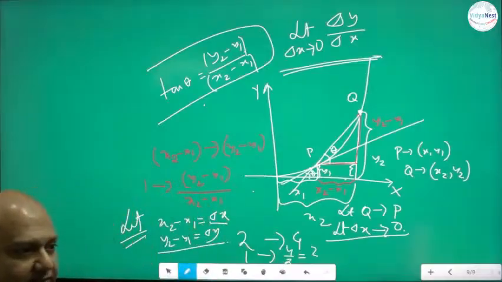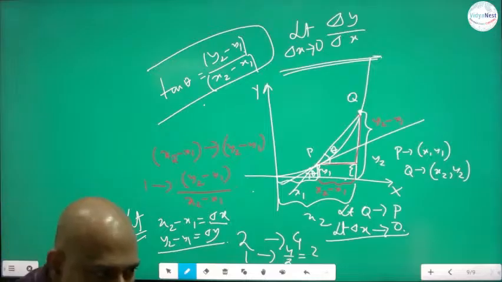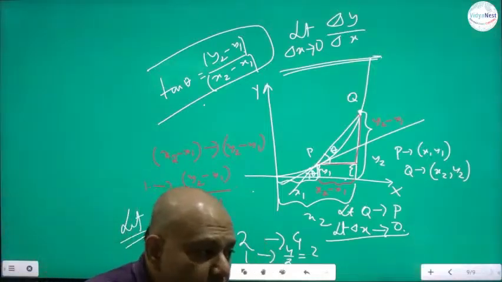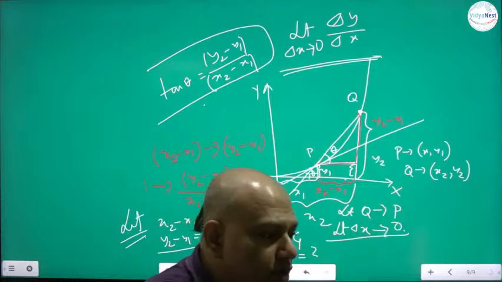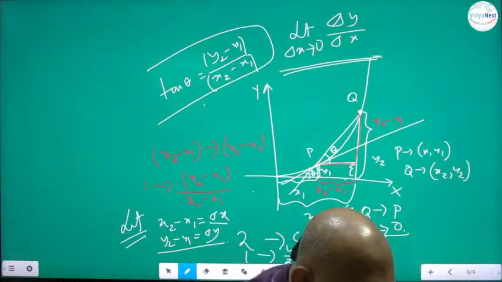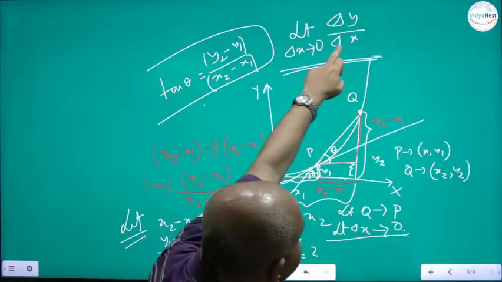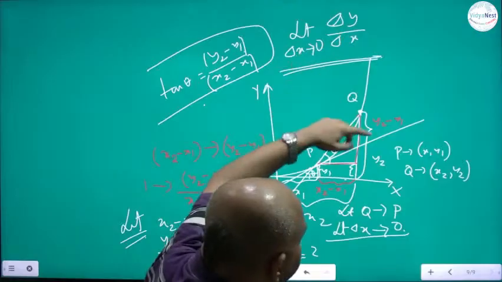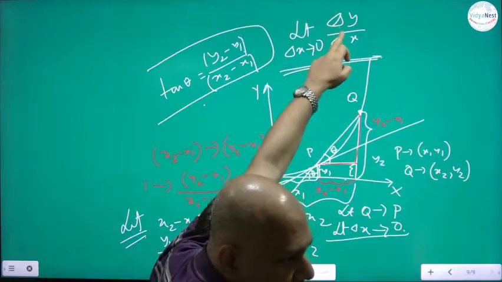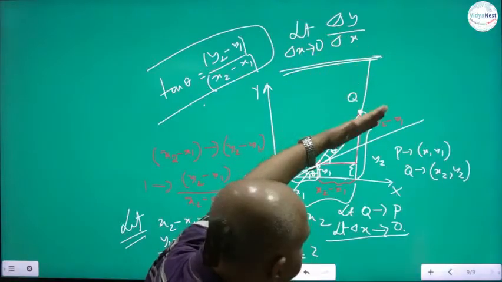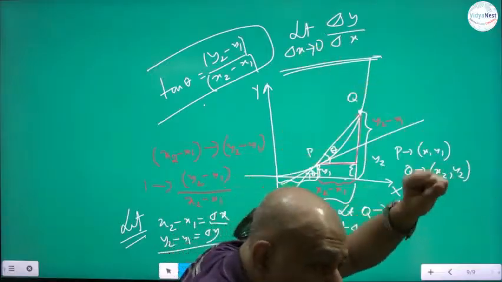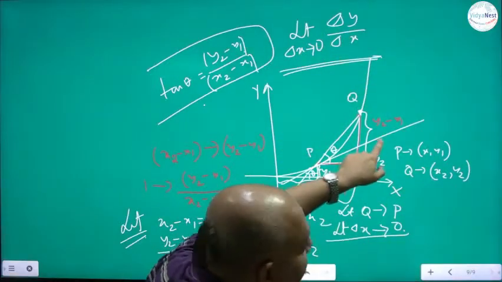Sort of understanding my point? Almost 0. It is not 0. Tending to 0. Then if this is the delta x tending to 0, then this ratio is going to become slope of the straight line of whom?